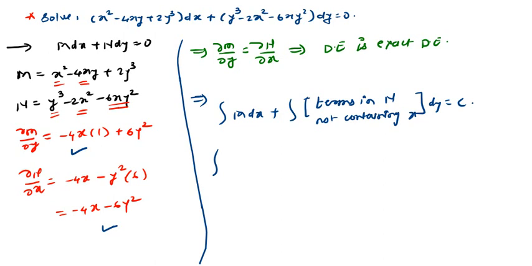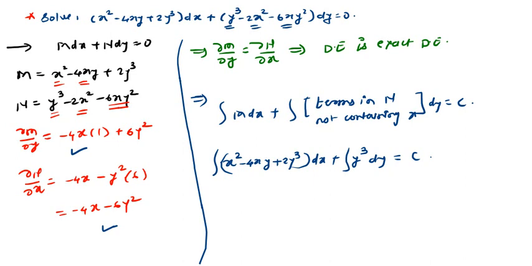What is M? M is x square minus 4xy plus 2y cube, into dx, plus integration of terms in N not containing x. The first term does not contain x, so we will take y cube. The second term contains x, the third term also contains x, so only the term y cube into dy equal to constant. So finally we can get the solution.